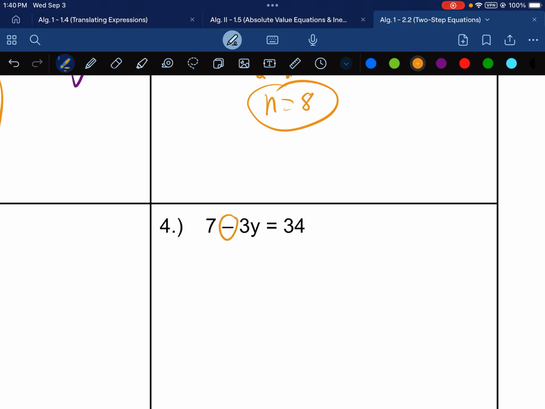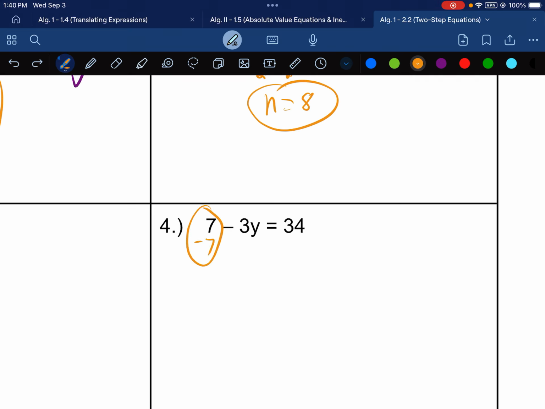Number 4 here, 7 minus 3y equals 34. So this minus tricks some people. We've got to be very careful with that. The minus is really attached to this 3y as a negative. We have to undo the 7 first, however, like we have in our previous problems, but this 7 is positive. If we try adding 7, we get 7 plus 7, which is 14. And that is not what we want. We want to get that 7 away, not make it bigger.